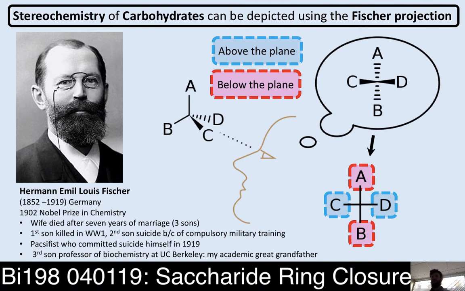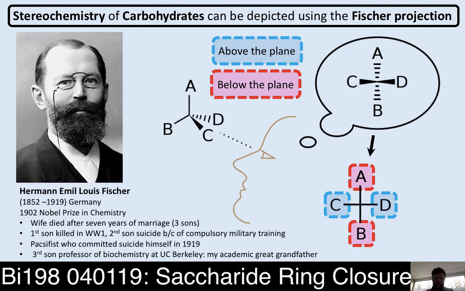It's a 3-dimensional shape. And how do you represent a 3-dimensional shape on paper, ostensibly a 2-dimensional surface? This guy, Emil Fischer, was the first to really come up with a way of drawing it.